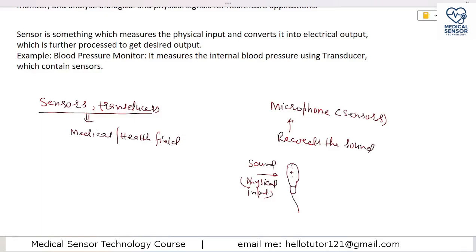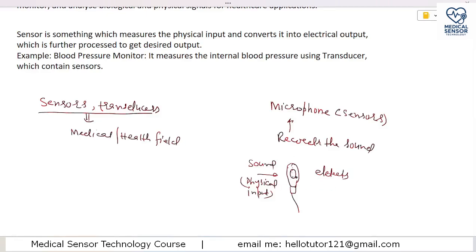The sound is physical, so the microphone has a sensor inside, and the sensor detects this physical input.